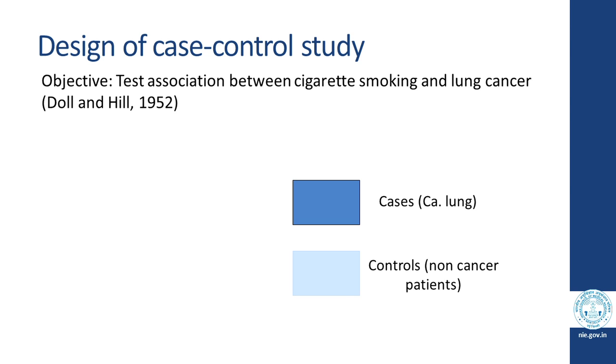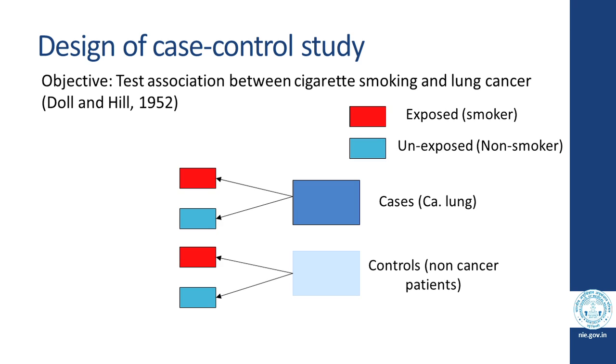For this study, Doll and Hill selected lung cancer cases who were admitted in about 20 hospitals in London. These cases were all histopathologically proven cases of lung cancer. For each case they selected a control, which was a non-lung cancer patient admitted in the same hospital, and these cases and controls were then interviewed to find out their prior exposures.